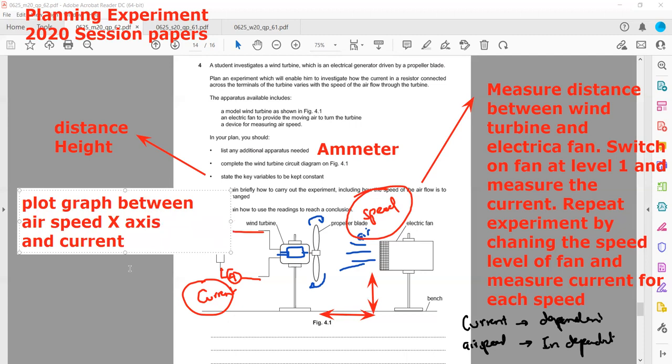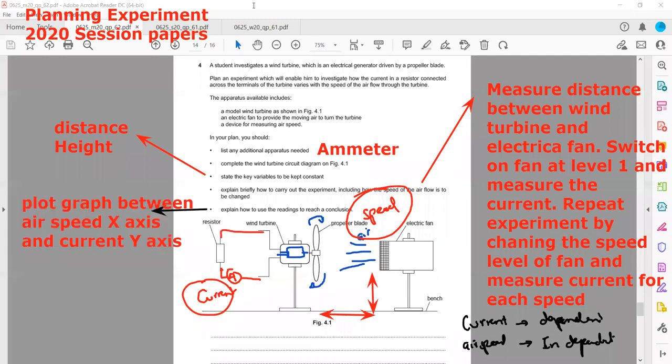And the current produced depends on the wind speed or air speed, so that is on the y-axis. The speed of the air or wind speed is in meters per second, and the current will be in ampere.